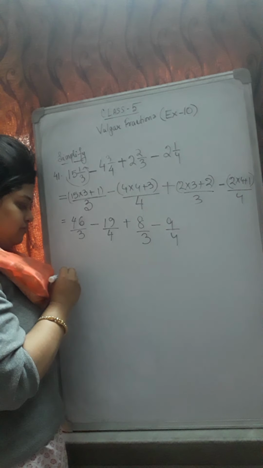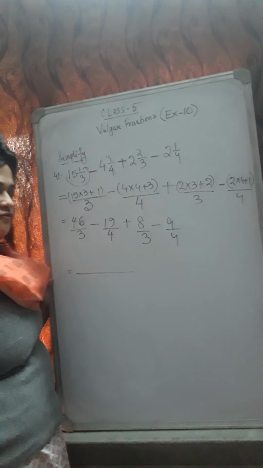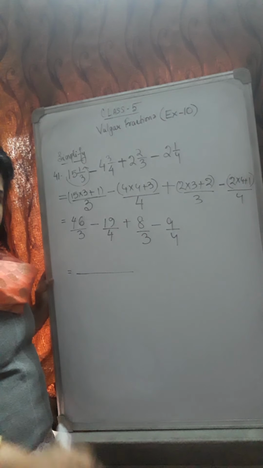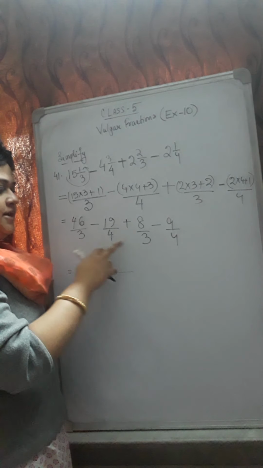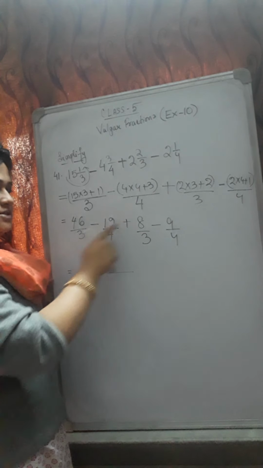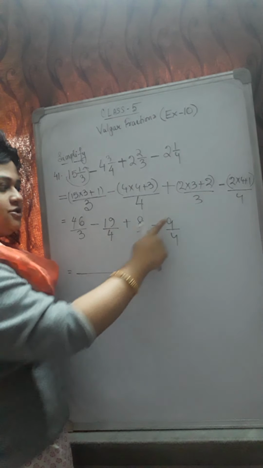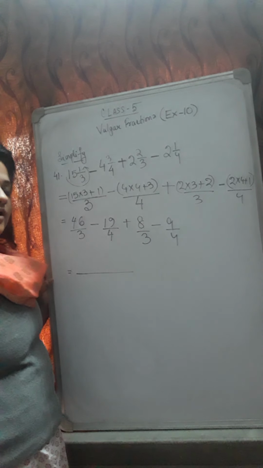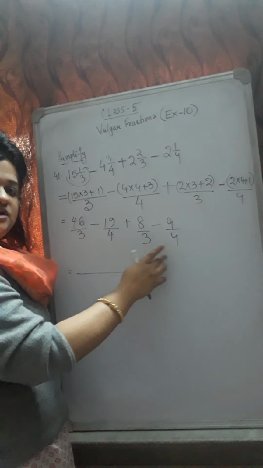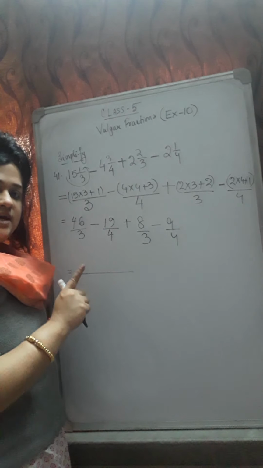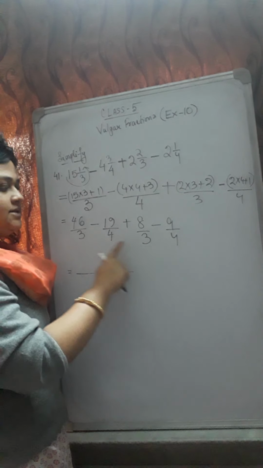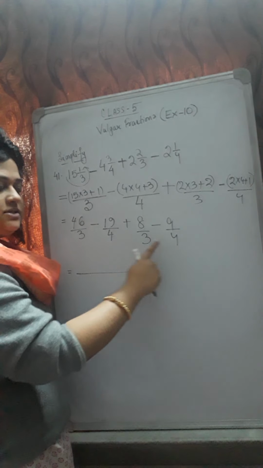So we have to make a common denominator, we have to take the LCM, but you can see the denominators are repetitive. That means both these fractions have denominator 3. Here both the fractions have denominator 4. So when you get the same numbers in the denominator, you take it only once. That means 3 is coming 2 times, 4 is coming 2 times.